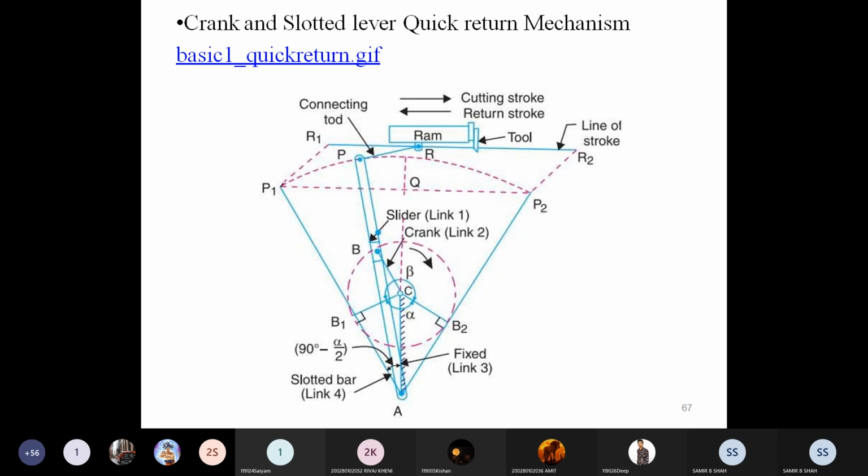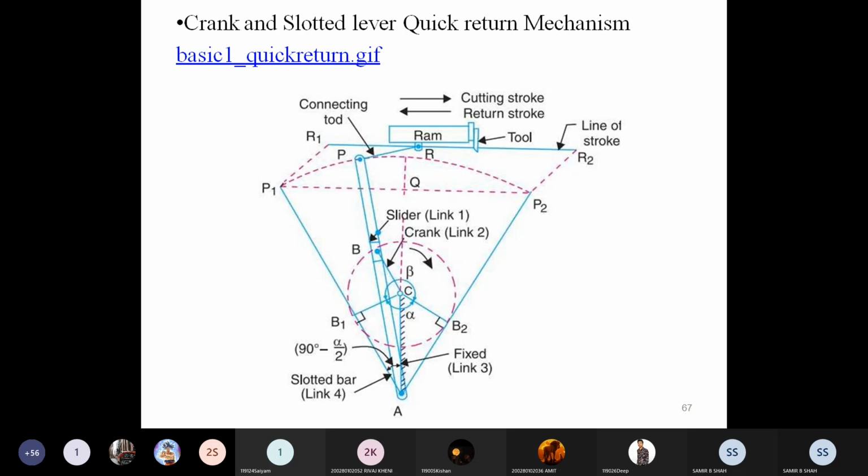Slotted arm, the link 4, yes, this is link 4. This is known as the slotted arm. This is the fixed link, which is known as link 3. This is link 2, which revolves, and link 1, which may slide. Okay, the phenomena are the same, but the situation is somewhat different.